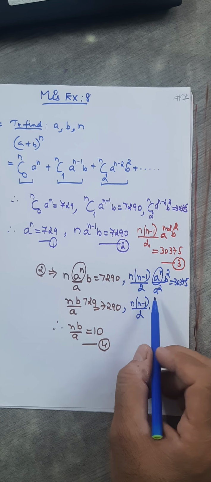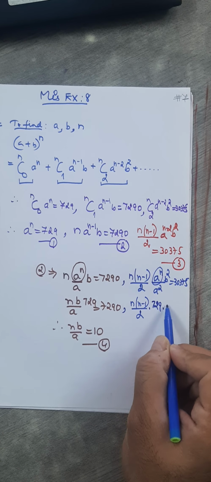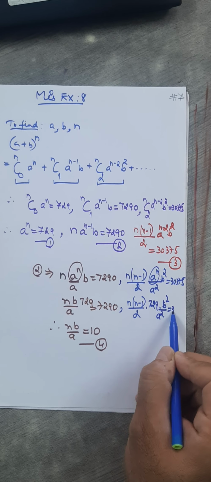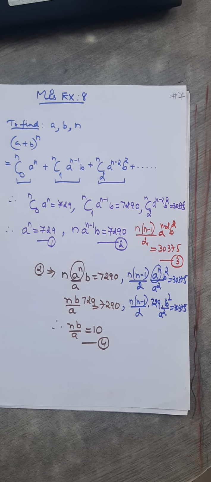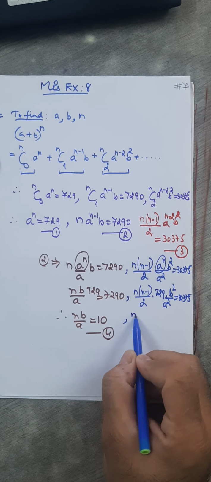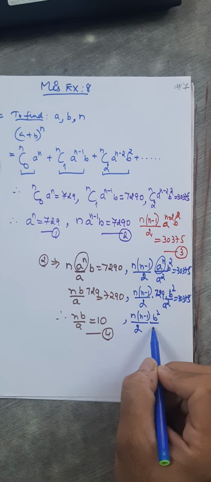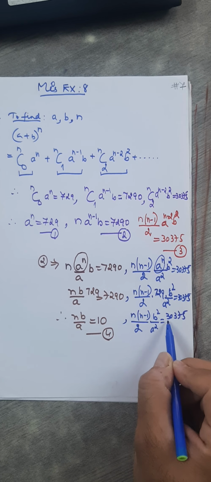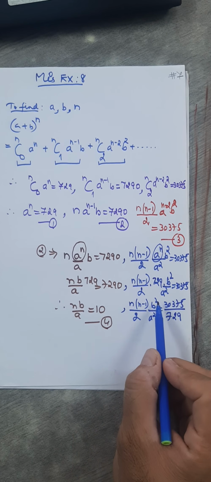What is a raised to n? That is 729 into b square by a square equals 30375. Now you just divide. So here if you divide, you will get this into b square by a square equals 30375 divided by 729.